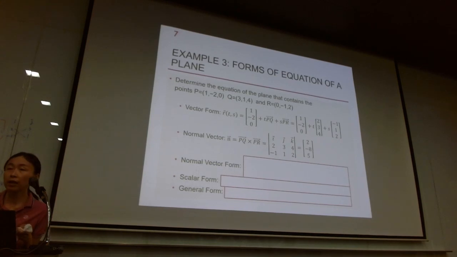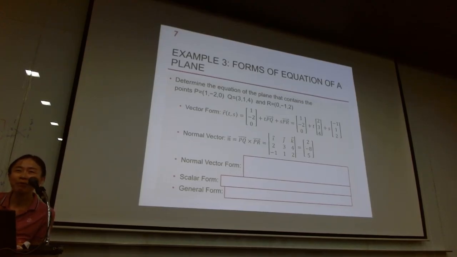Okay. Any questions? If the cross product equals 0, what does it mean? Can the cross product equal 0 or not? Yes. Why? Oh, the 0 vector. Okay, so be careful. I highlight 0 and 0 vector.